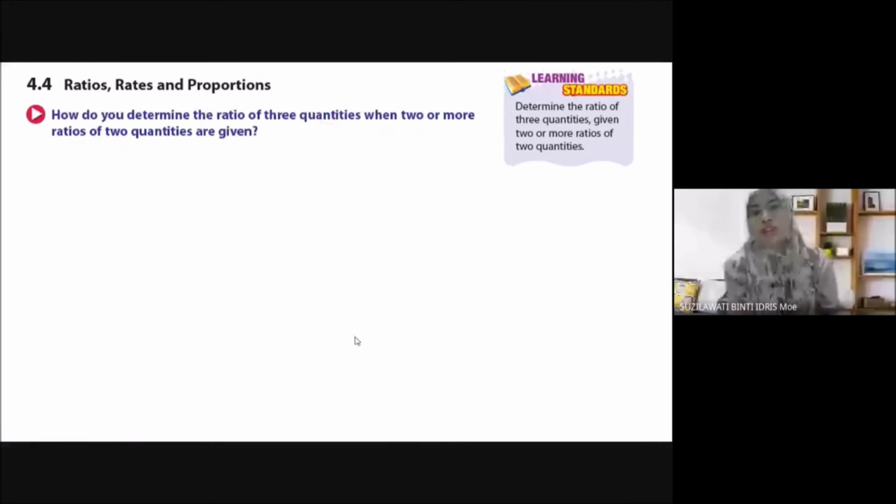Next, how do you determine the ratio of three quantities when two or more ratios share a common quantity? Since we need to achieve this learning standard, we need to determine the ratio of three quantities. Let's look at example 10.